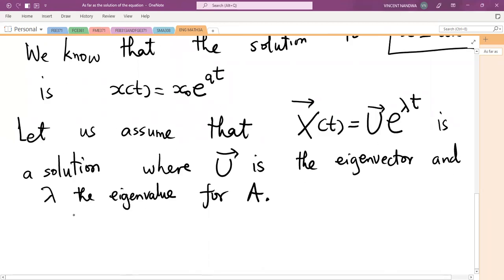So x dot, differentiating this with respect to time, simply using the chain rule, will be lambda u e raised power lambda t.